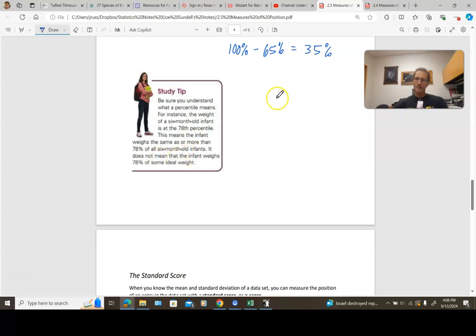So remember, these percentages are just about position. Where's the position of this particular data value in relation to the entire distribution? What percentage of the distribution is at or below that particular data value?